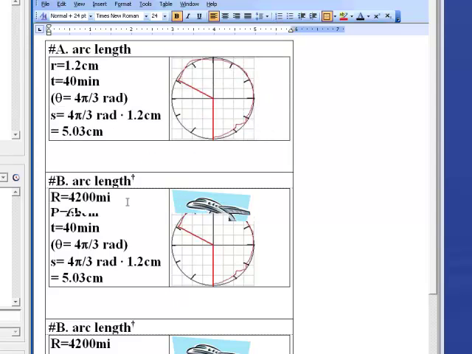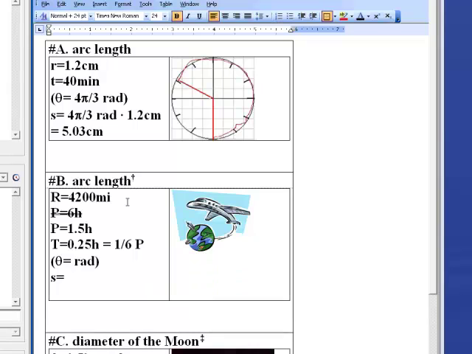arc length. The space shuttle 200 miles above the Earth is orbiting the Earth once every 6 hours. That's where I have to pause. I don't know why the math author made such an easy mistake here. The author is doing a really good job, but I don't know why there's a mistake here.